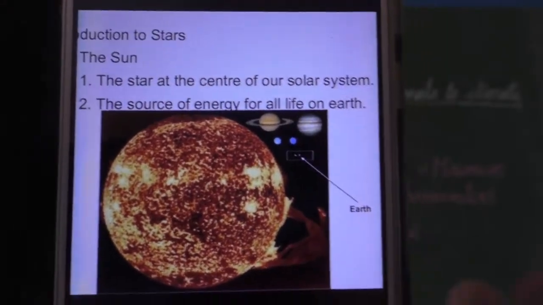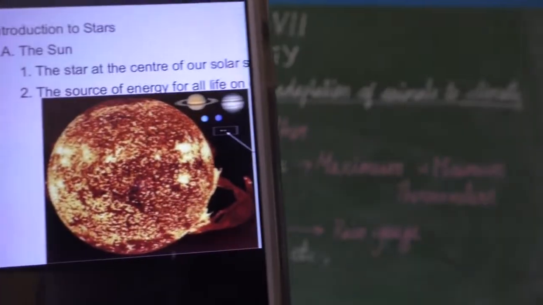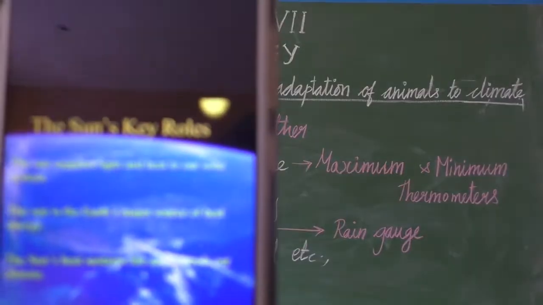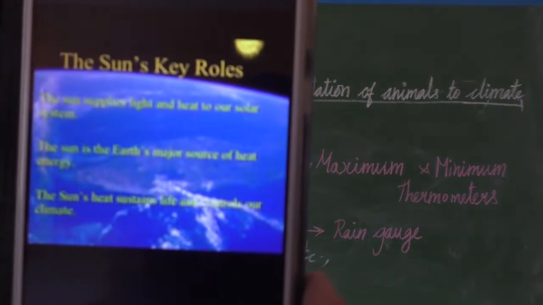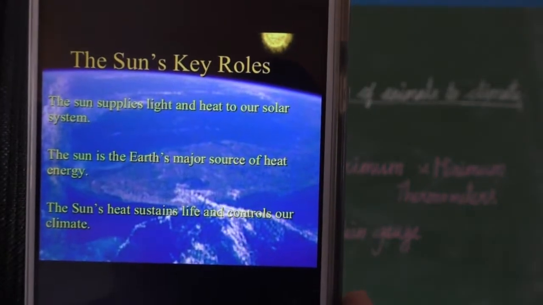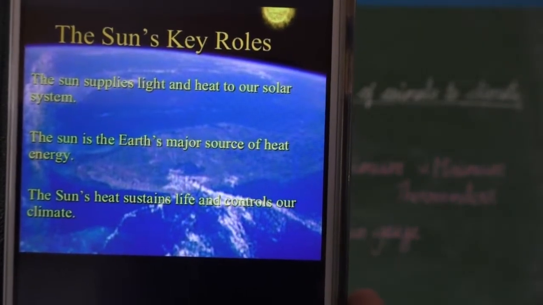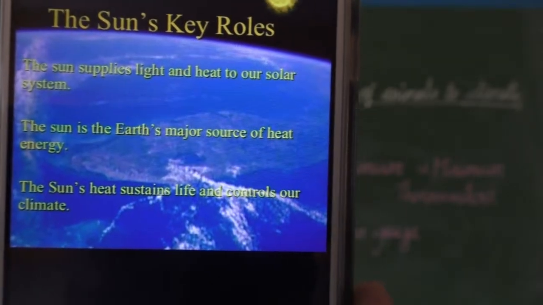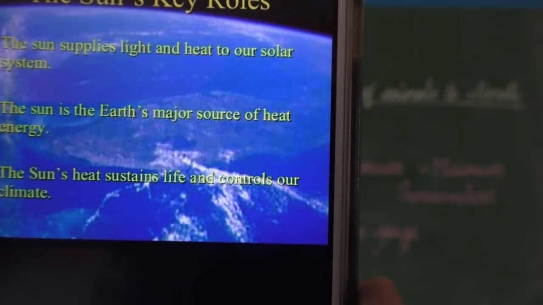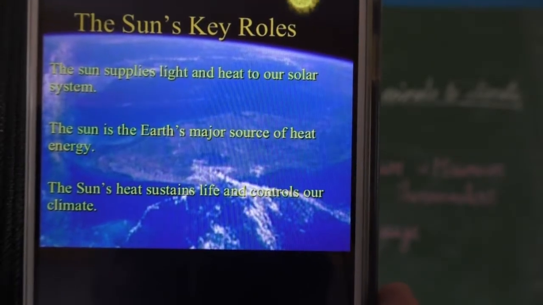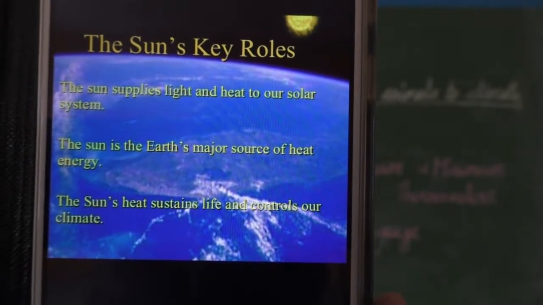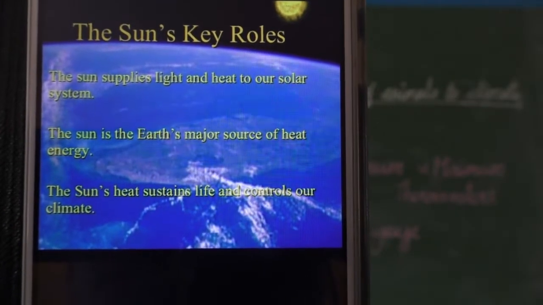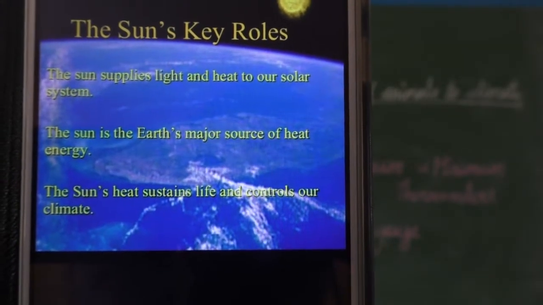The Sun supplies light and heat to our solar system. It is the center of the solar system and has a lot of energy. This causes major changes in our weather and climate.